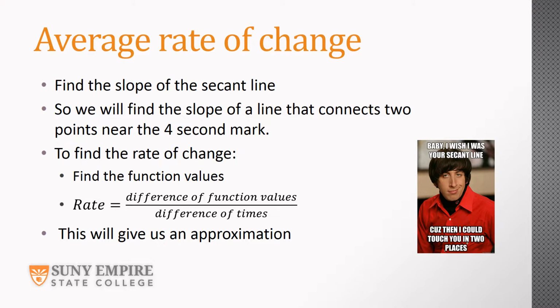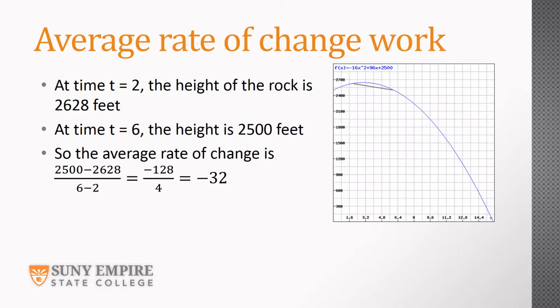To do so, we find the function value for each of those points, subtract them, and divide by the difference between the time values. We will consider the times 2 seconds and 6 seconds after release. Finding this slope will give us an approximation for the rate of change exactly at the desired value.